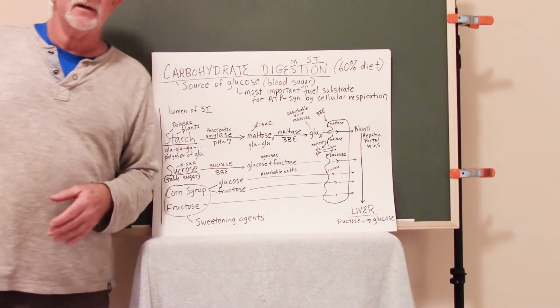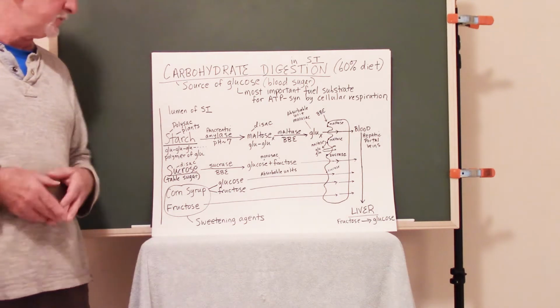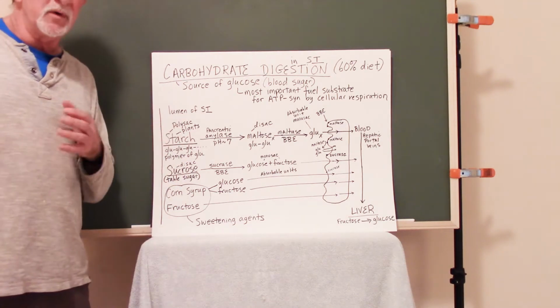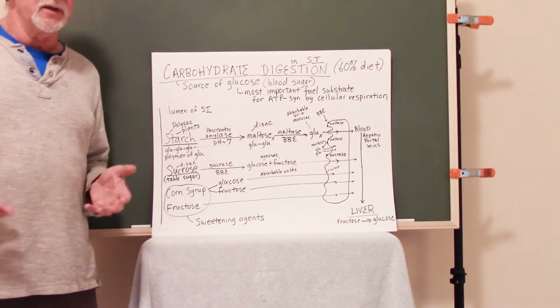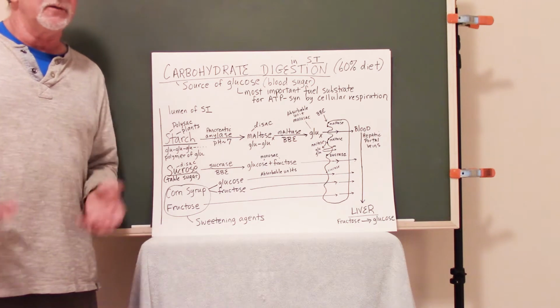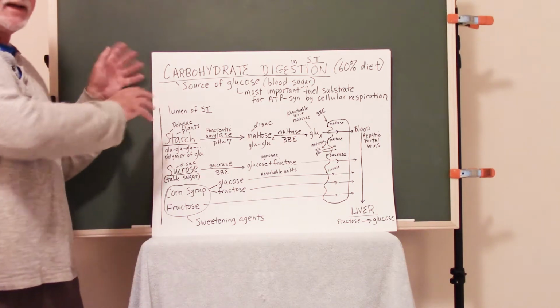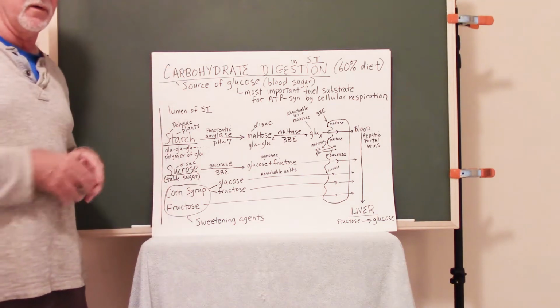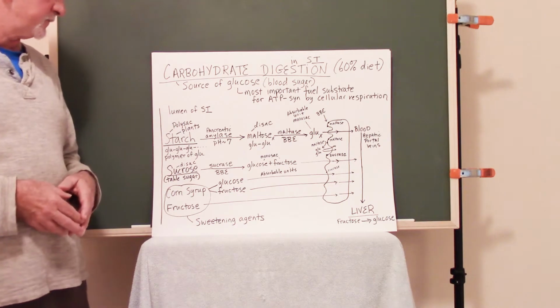So, one of the carbohydrates that makes its way with chyme into the duodenum would be the starch that's not broken down in the mouth by salivary amylase. And by the way, very little starch is broken down in the mouth. 90% of the starch or more would be broken down in the small intestine.